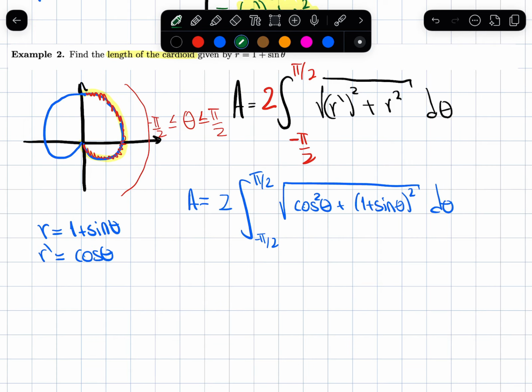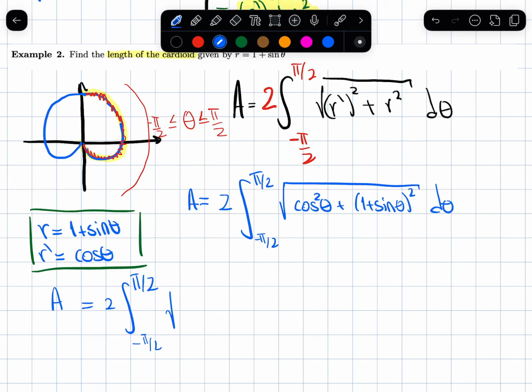Let me box this so nobody thinks that this equals my integral somehow. And so this is going to be, don't forget the 2. Very easy to make mistakes when you have this number outside that you're not supposed to do anything with it. Just gotta keep track of it forever.